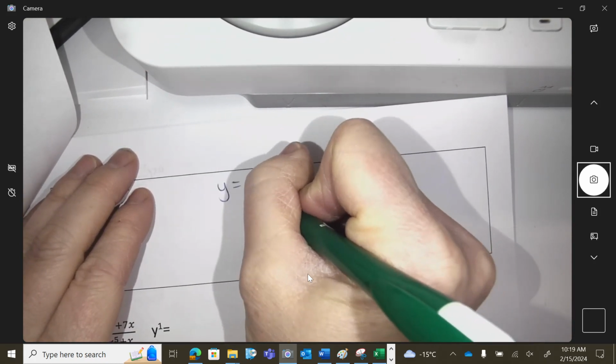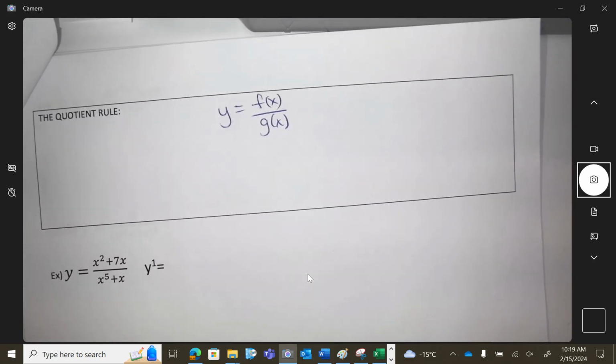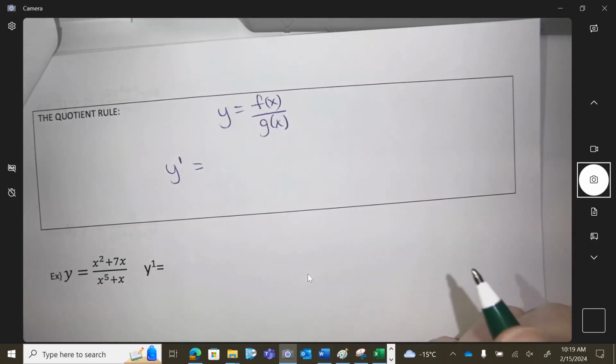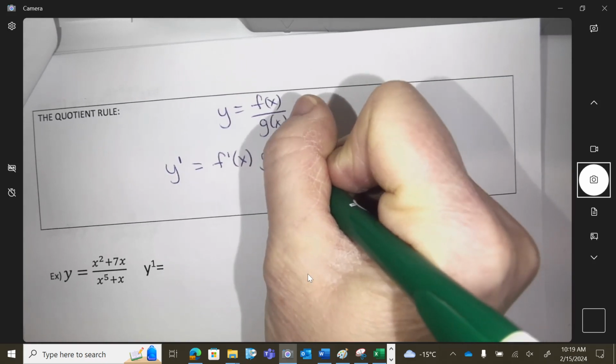If you have two things that are being divided, very similar to the products, but there's going to be one different kind of thing. So we're going to start the same way. We're going to derive times the keep.